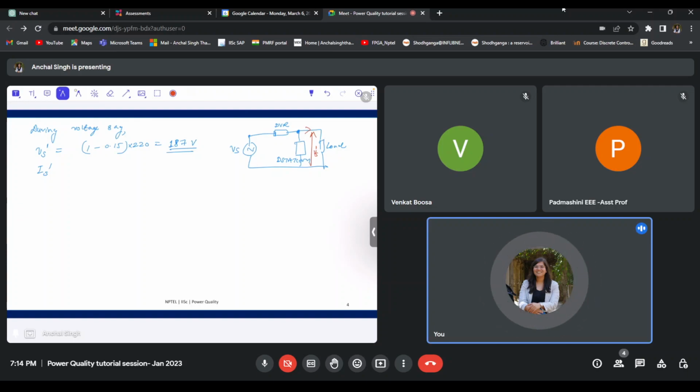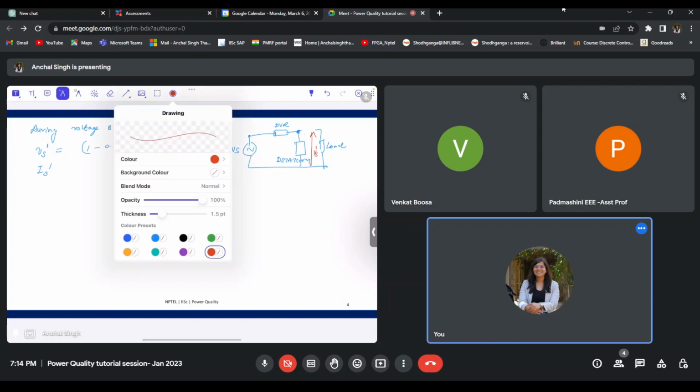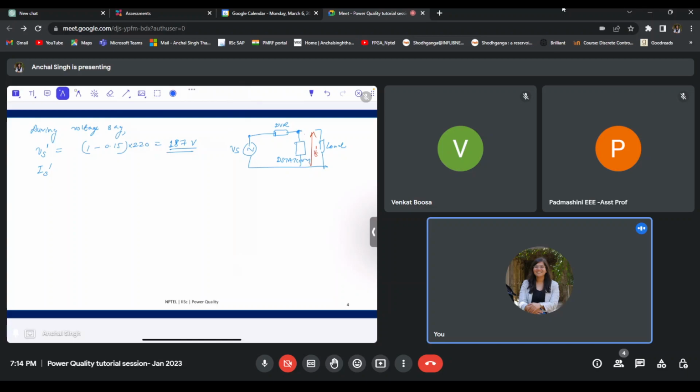So Is dash will be equal to, now I know Vs dash and I know my load, so I can calculate the value of the current that will be flowing through the DVR. So Is dash equals I DVR, which will be equal to my load power divided by Vs dash. Load power was 4356 watts and Vs dash is 187 volts. So this Is dash will come out to be 23.29 amperes.